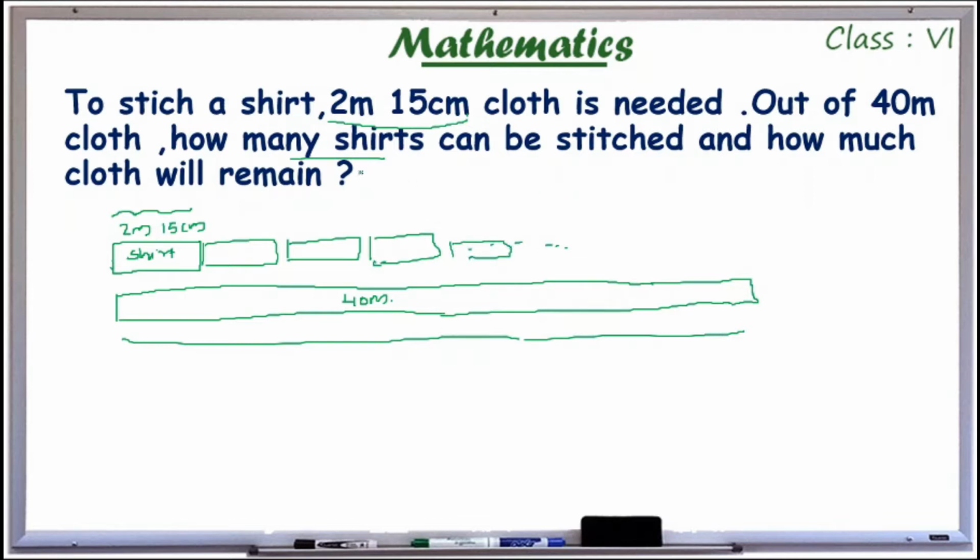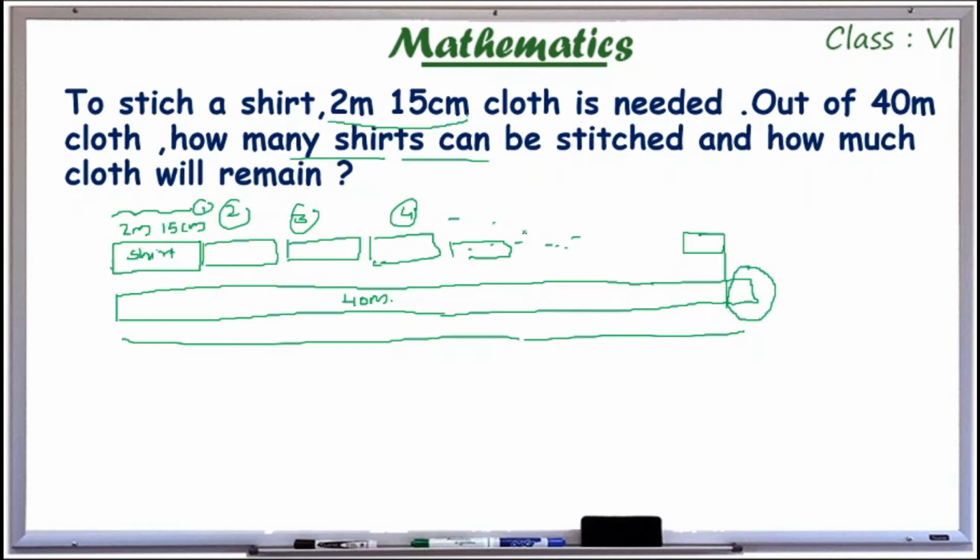The question is how many shirts? This is 1, this is 2, this is 3, 4, and then how many shirts can I stitch from 40 meter cloth, and how much cloth will remain? Suppose only this much is needed for the last shirt, so this is the balance cloth.